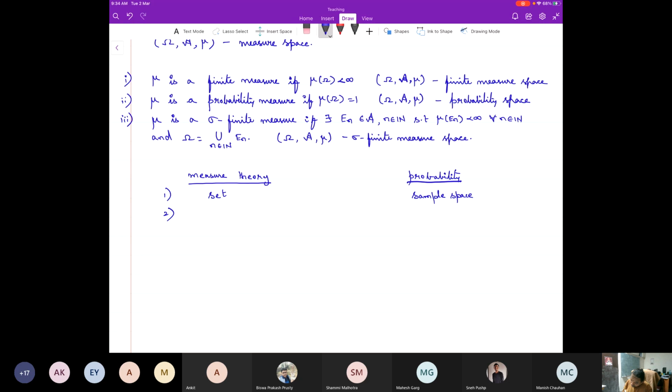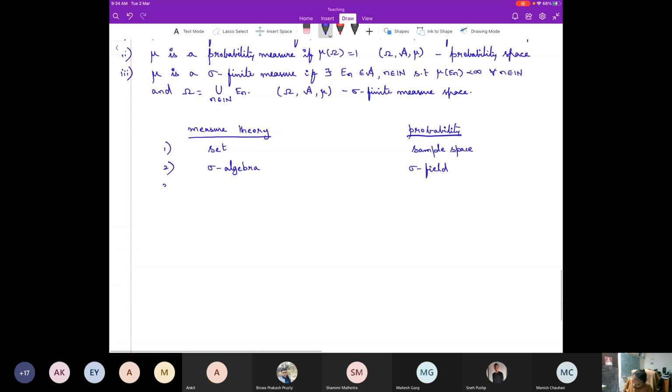Second one, here we have a sigma algebra. In the context of probability, they call it a sigma field. Here mu is from A to 0, infinity, while there it is very specific: mu is from A to 0, 1.